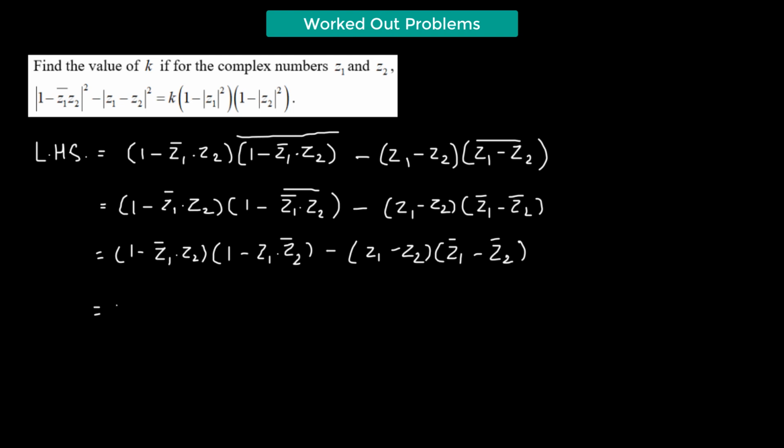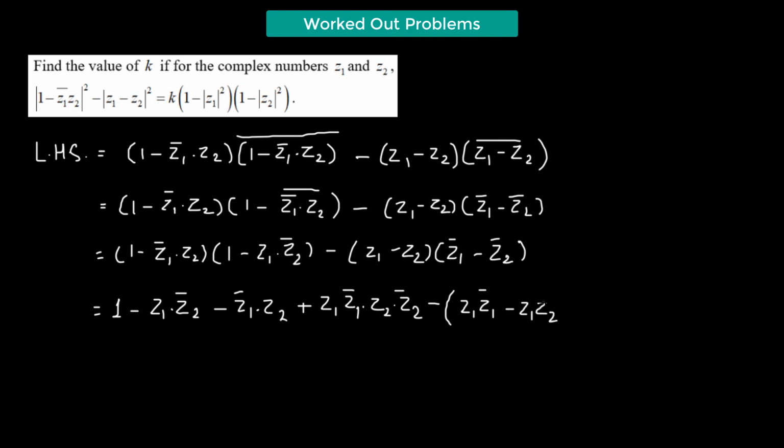Use the FOIL method. So the first multiplication will be 1 minus Z1 times Z2 bar minus Z1 bar times Z2 plus Z1 times Z1 bar times Z2 times Z2 bar, minus Z1 times Z1 bar minus Z1 times Z2 bar minus Z1 bar times Z2 plus Z2 times Z2 bar.